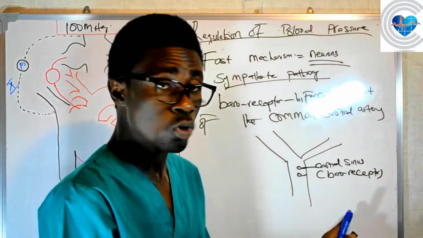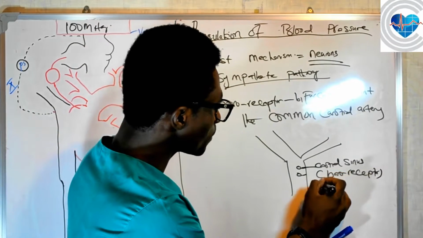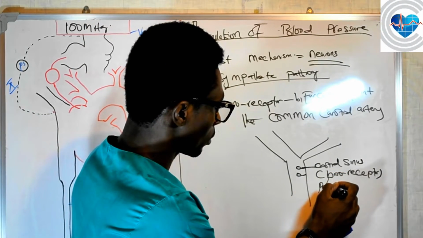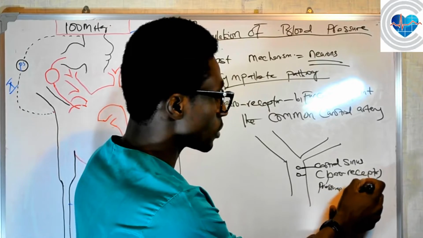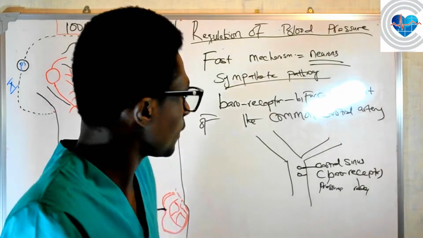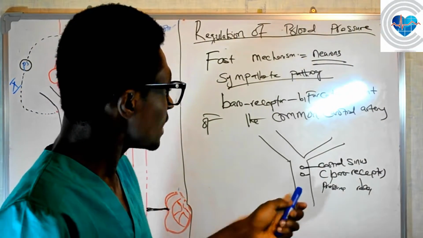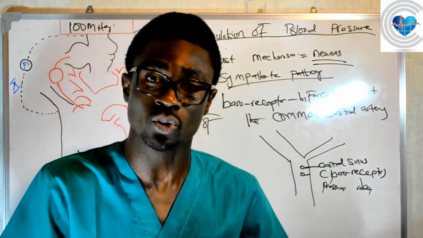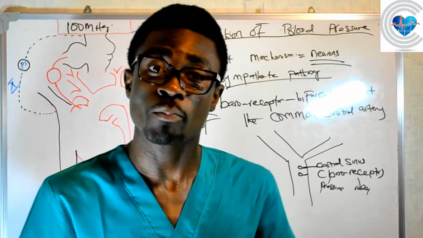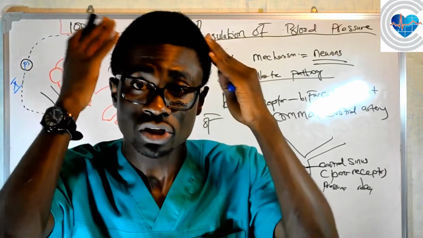From the word you can equally get it. Baro means pressure, and receptors, guys, they receive. They sense. They are very sensitive to the pressure exerted by the pulsating blood as it goes to the brain.